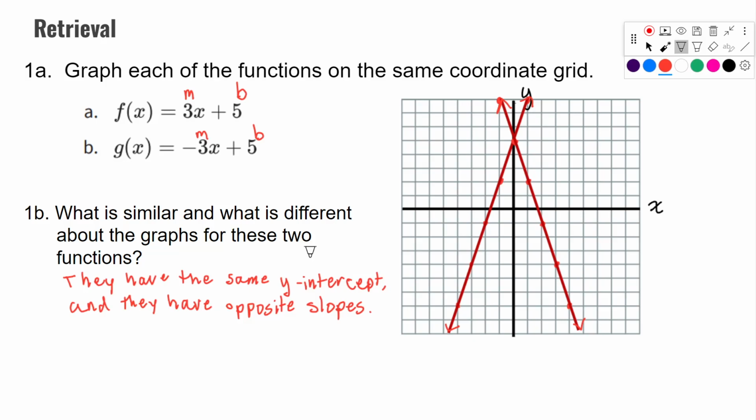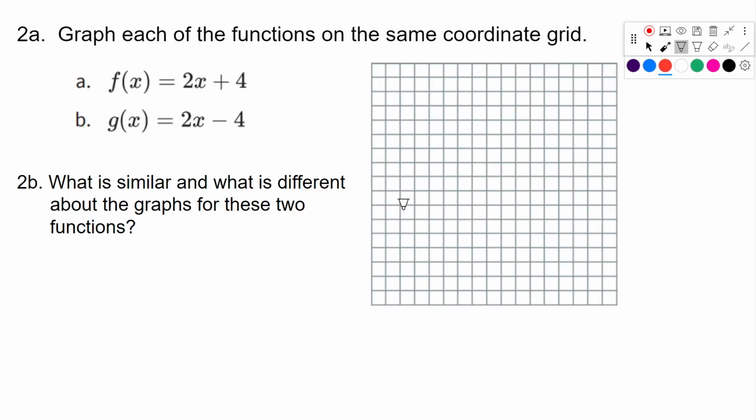Let's take a look at our second graph that we need to do. And if we look closely, we see that they both have a slope of 2. But this time it's the y-intercepts that are going to be different. So again, I'm graphing my axes, x and y, and then I'm going to plot my equation.